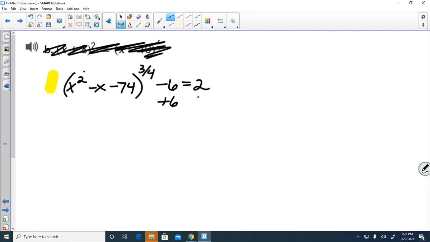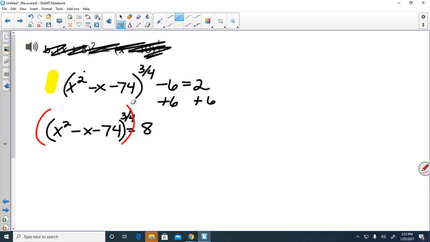So add 6 to both sides, because I'm trying to isolate the expression. So x squared minus x minus 74 equals 8. And this whole thing is raised to the 3/4 power. Okay, I want to try to get rid of the radical, so I'm going to raise both sides to the reciprocal power.